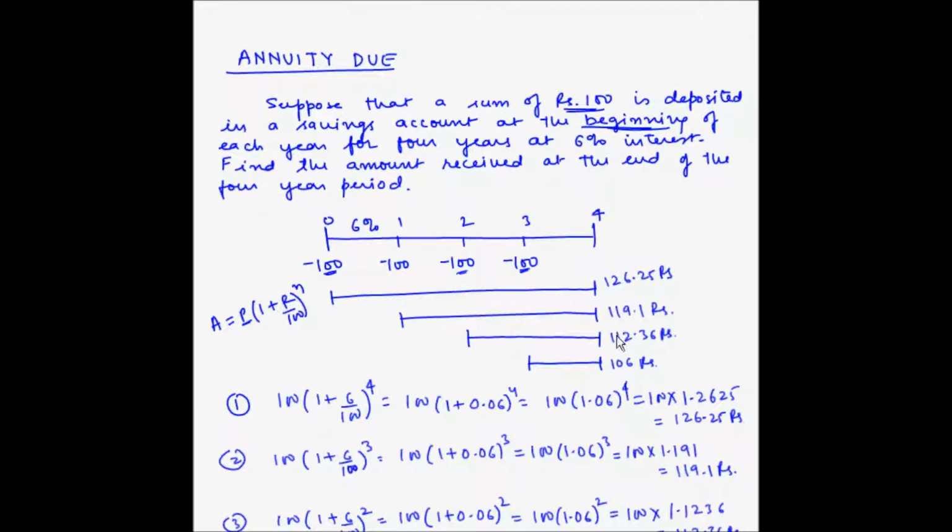So the addition of these four figures is what we will get at the end of 4 years based on this investment schedule. So the total is equal to 463.71 rupees.